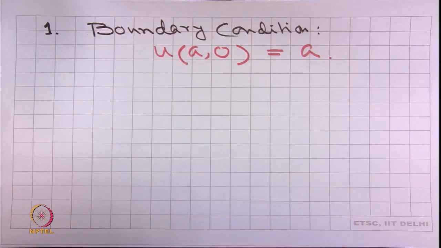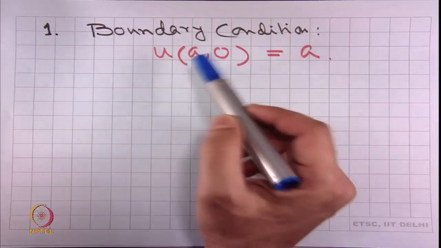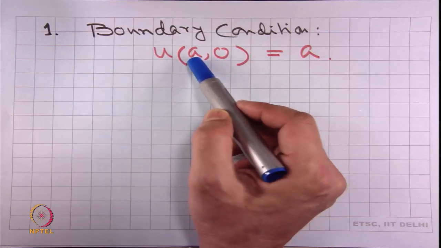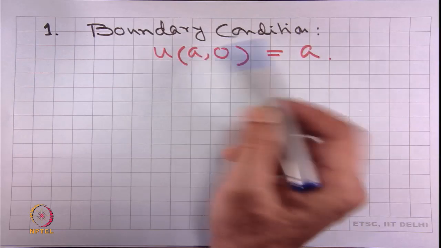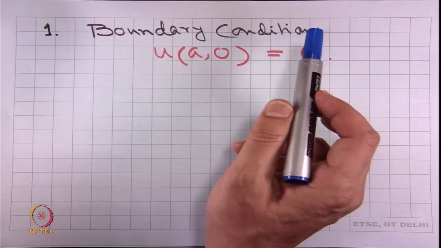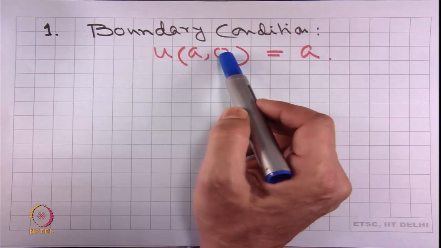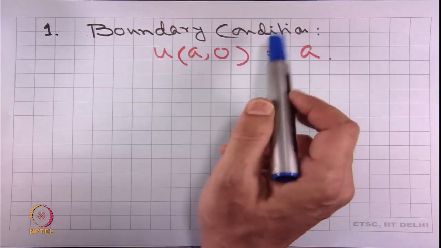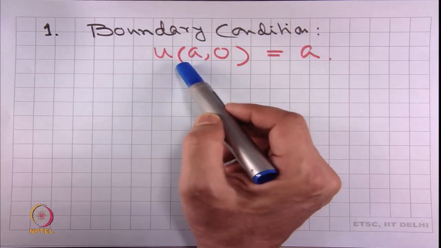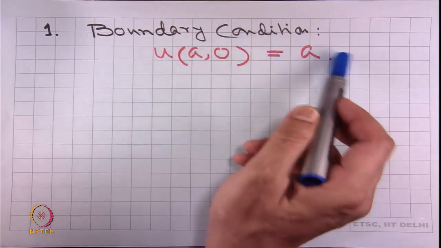That means, if x has membership small a to the set capital A, but x membership to the set capital B is 0, then membership of x to the union of A and B should also be a.